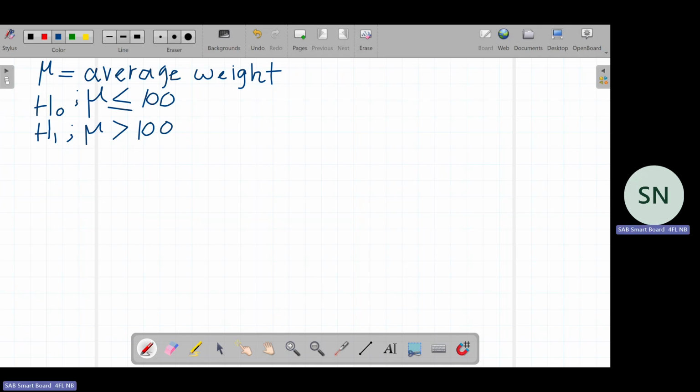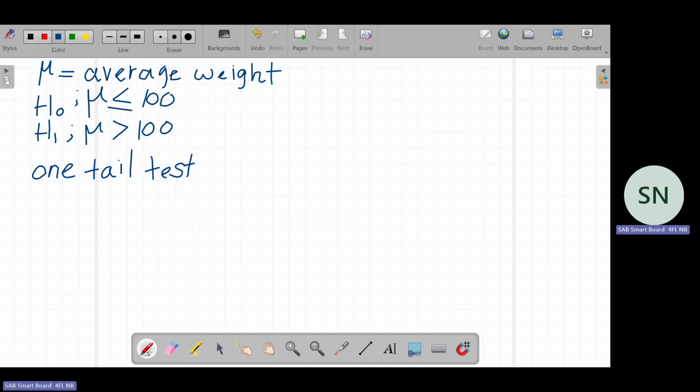See the value here and check. One tail test. Why? Because we only need to check the greater than side, only one side. Understood? Then it's a one tail test. Then secondly we write down that this is one tail. It's clear?